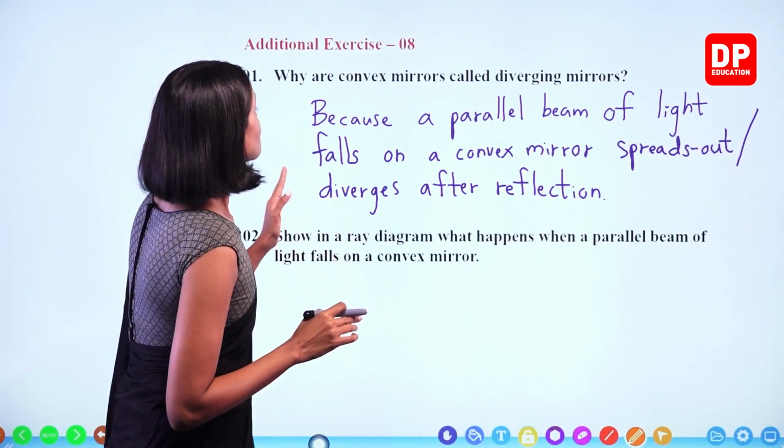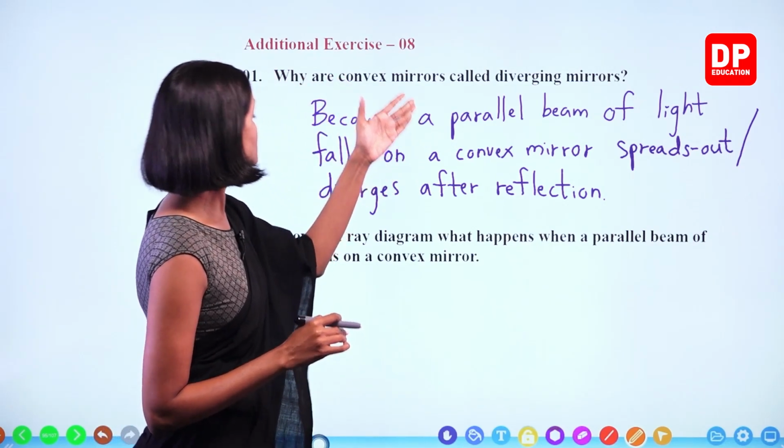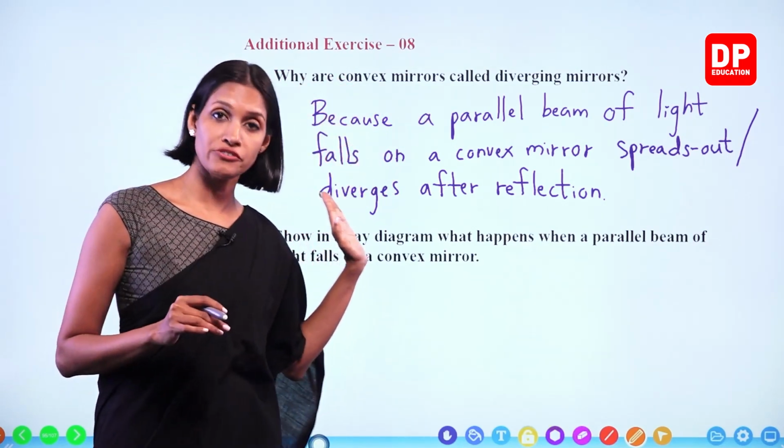Right? Because a parallel beam of light falls on a convex mirror spreads out or diverges after reflection.